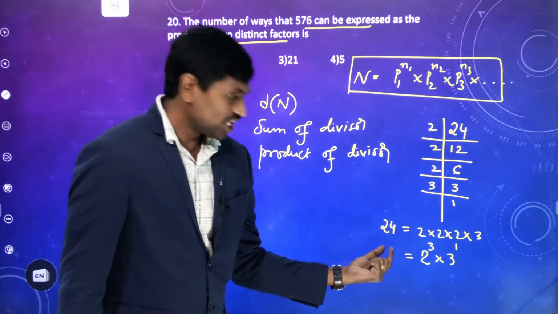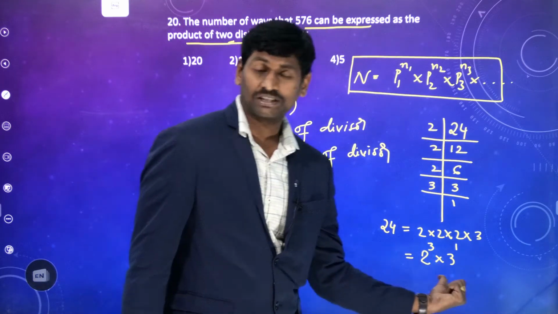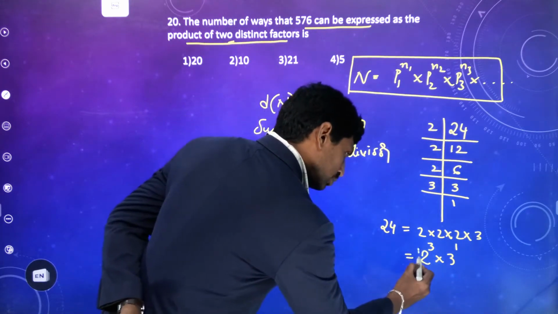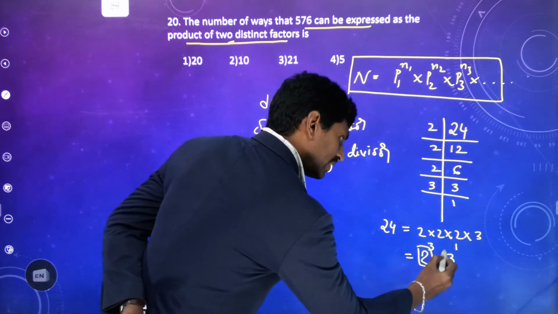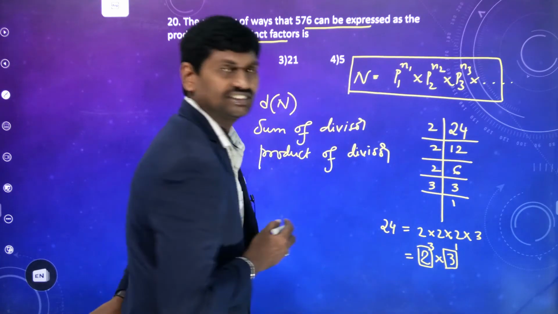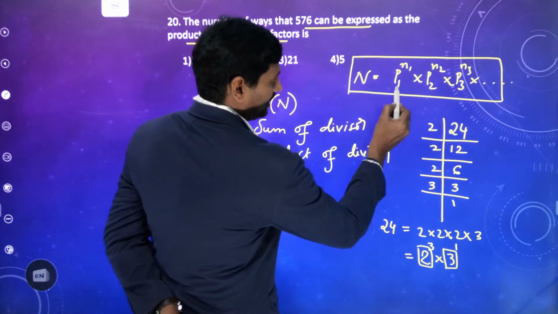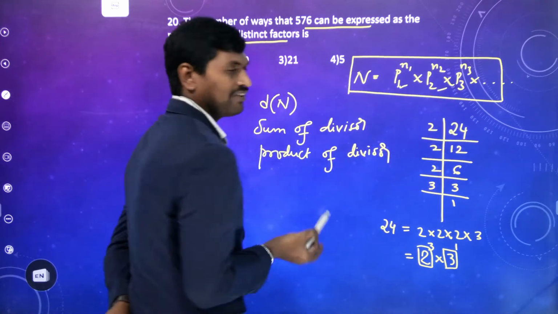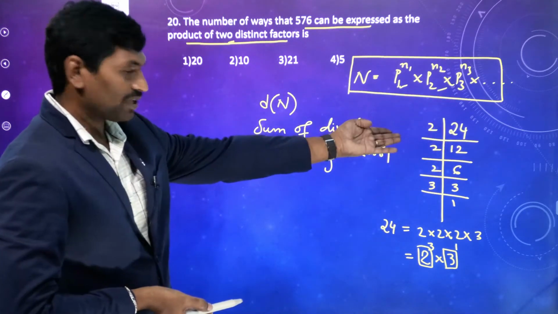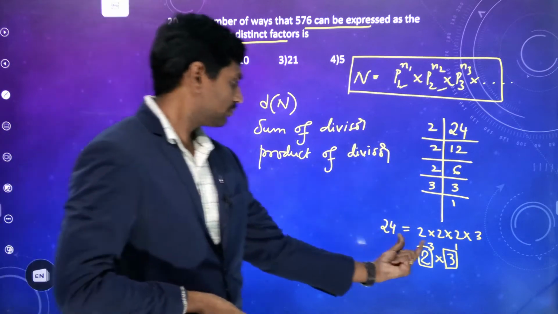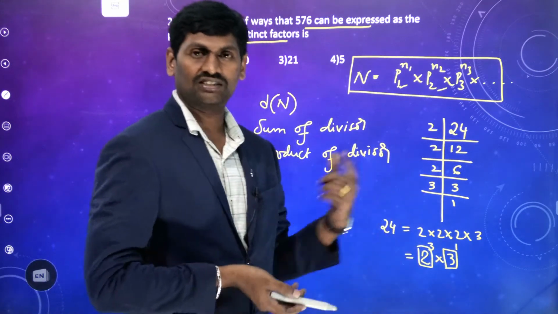See here, how many different prime numbers are present? Two prime numbers: the first one is 2 and the second one is 3. So P1 and P2, only 2 prime factors.